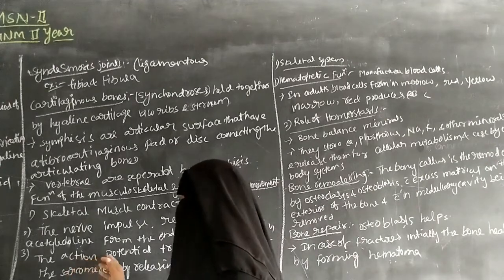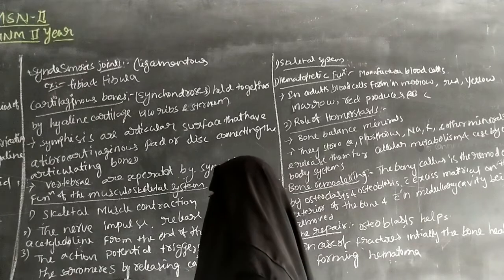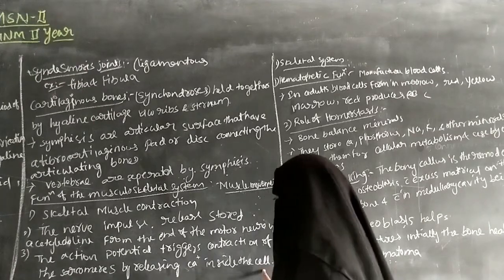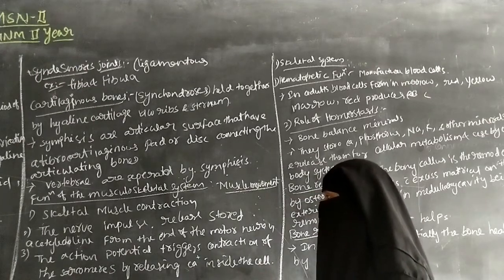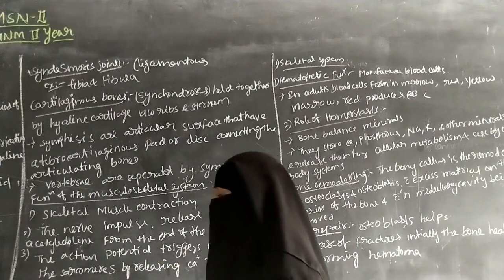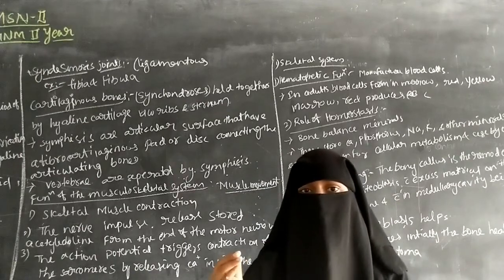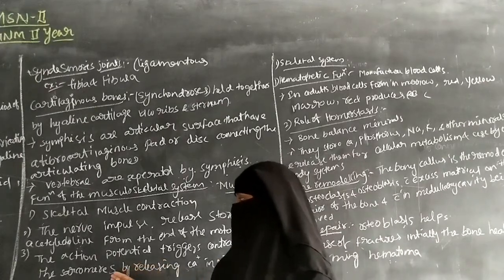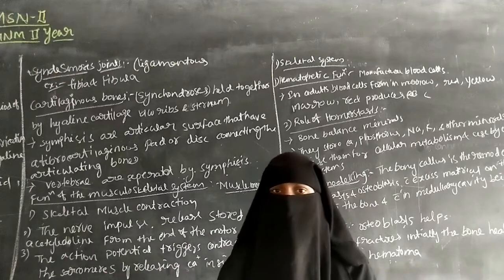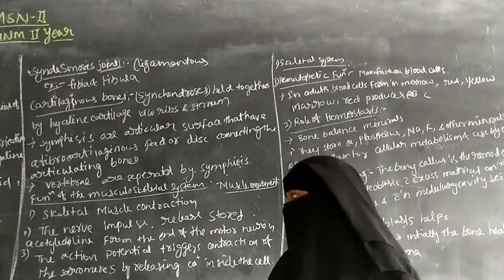Next, the action potential triggers contraction of sarcomeres by releasing calcium. Sarcomeres are the important functional units of muscle, a muscular connective tissue.